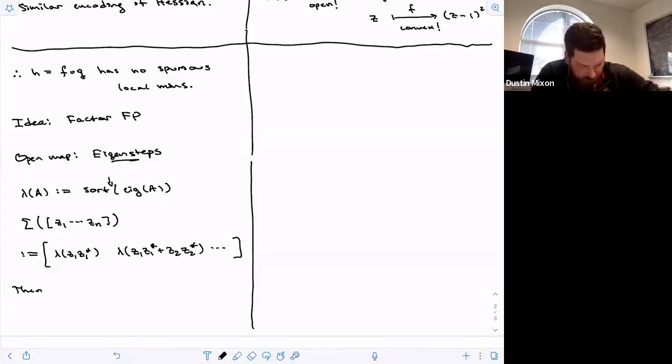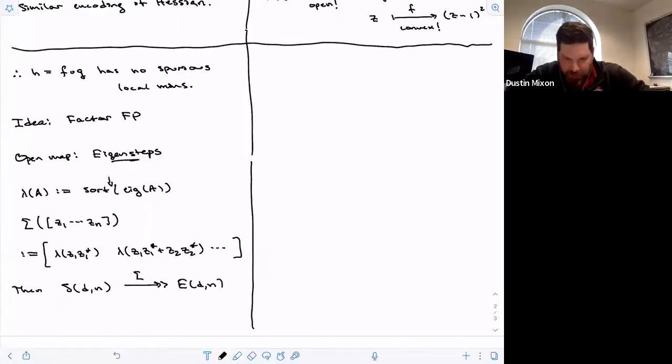So if you apply this map to the matrices with unit norm columns, it maps onto a very nice set. This is known as the Eigensteps Polytope. I should say sigma is the Eigensteps map, and the notation is a little bit clever.